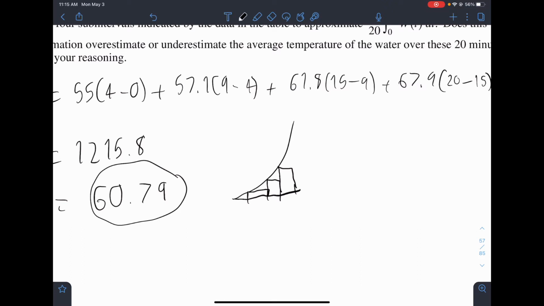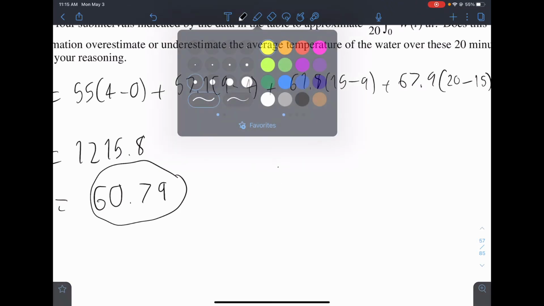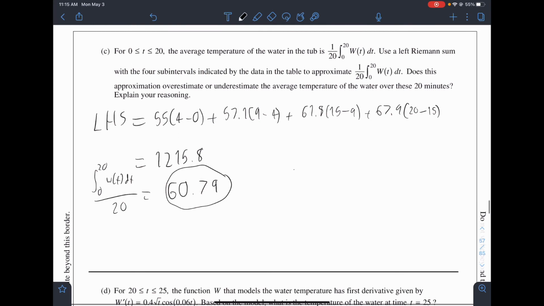We're always going to be under. And if it was a right-hand sum, it would be over it like this. So what we can deduce from this is that a left-hand Riemann sum will always under-approximate a strictly increasing function. So our Riemann sum here and our average value is going to be an underestimate.